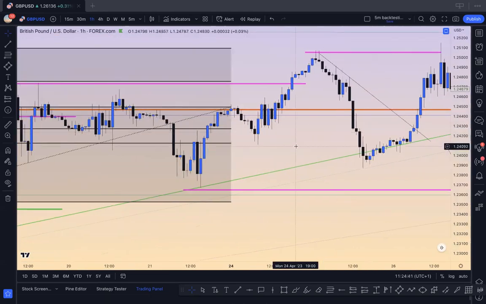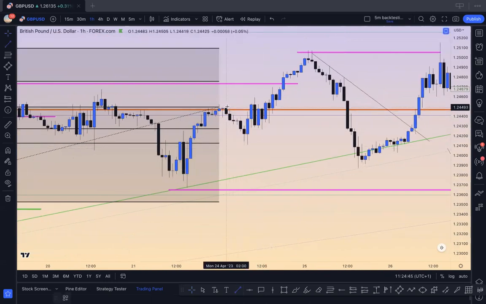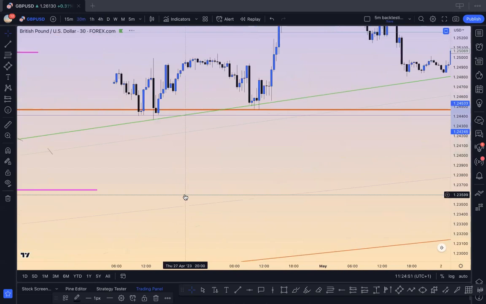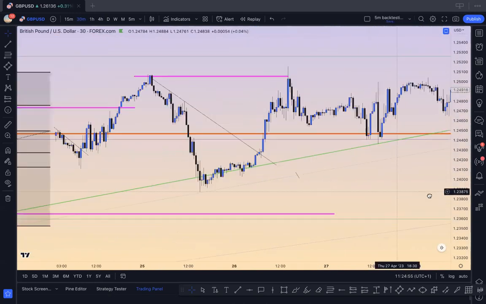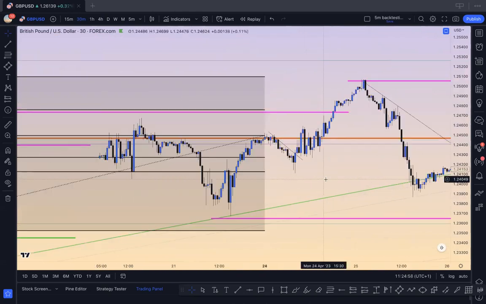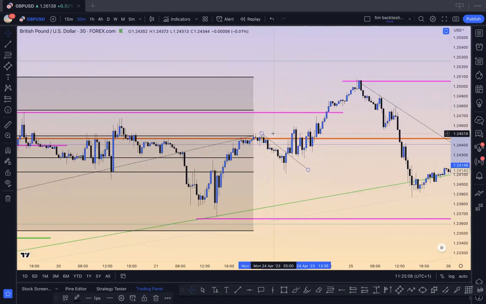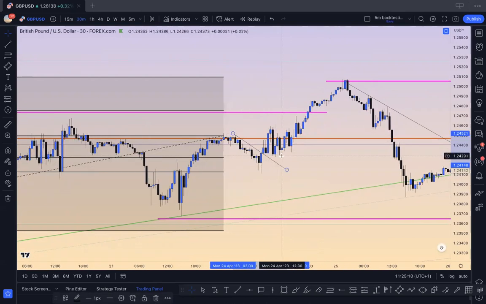I was looking for an entry and I had a trend line here on the 30 minutes. Where is it now? Yeah. I had a trend line here on the 30 minutes, and I had a break and a retest.